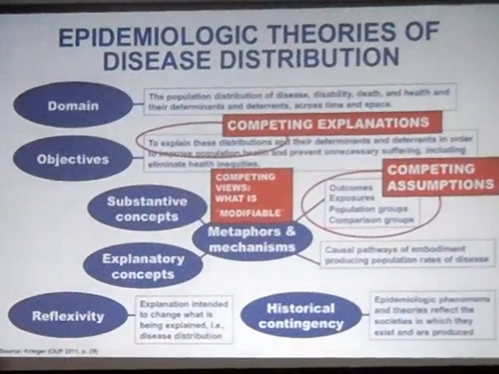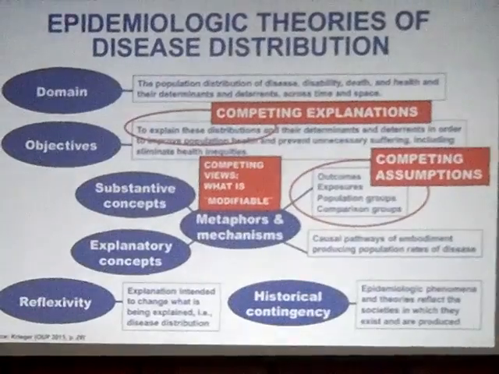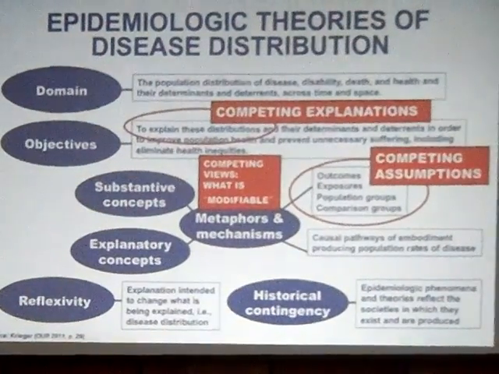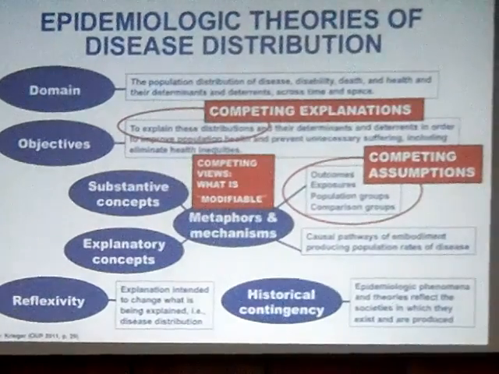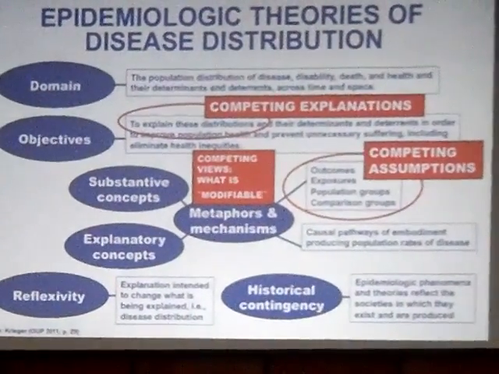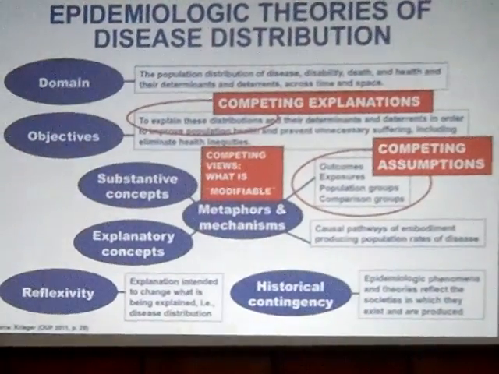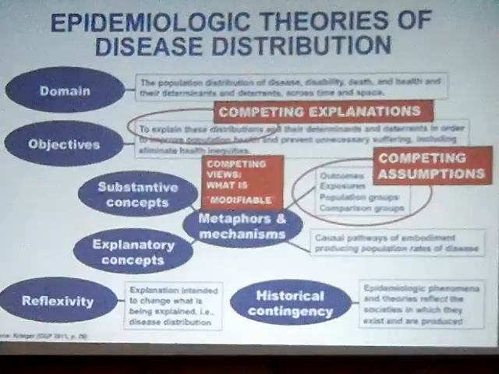Related, as in any scientific field, there can be contending as well as complementary theories. Thus, although there are commonalities across all epidemiologic theories of distribution regarding their domain, and also their use of substantive and explanatory concepts, there can be profound differences as well. Different theories can offer competing and different explanations of the same observed phenomena.